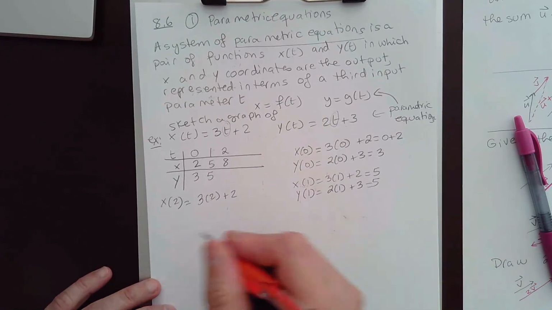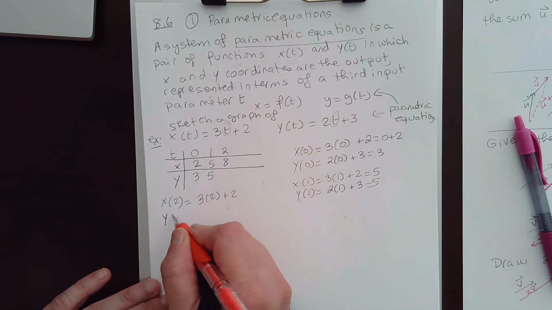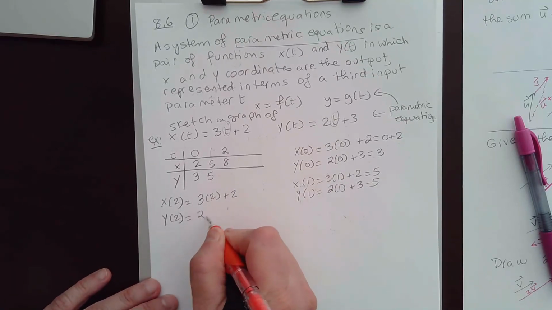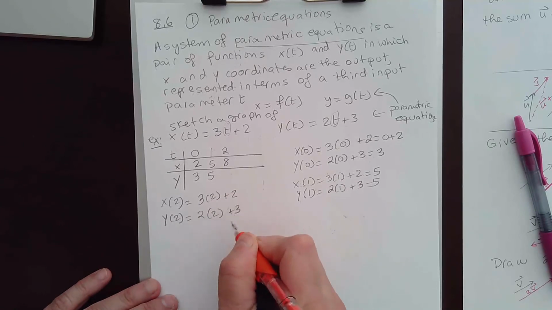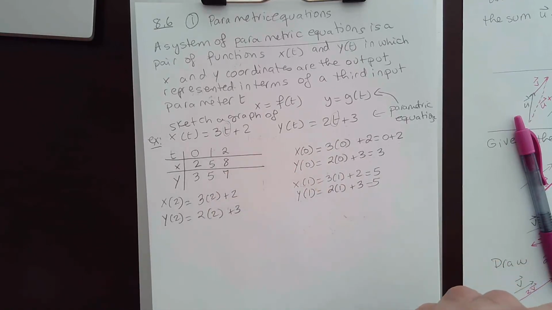And let's do y2. So 2 times 2 plus 3. 2 times 2 is 4. 4 plus 3 is 7. So the point on the graph would be 8, 7.